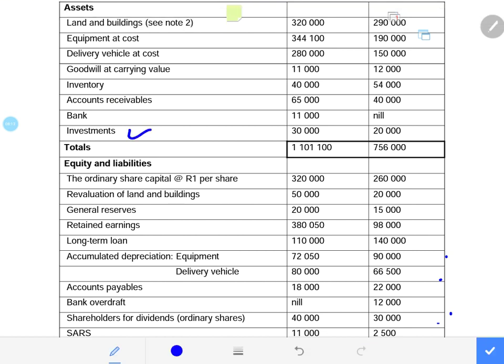Remember, your investment, your motor vehicle, your equipment, your land and building, they are under investing activities. Remember, we invest in assets, but when it comes to investing activities, our focus is on non-current assets and short-term investment. If we do have short-term investment, that can be a current asset.